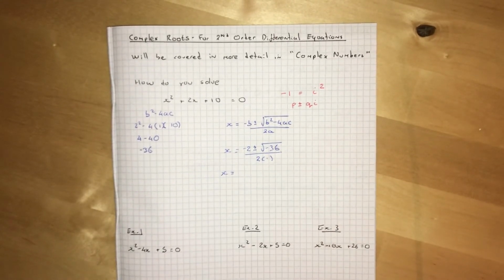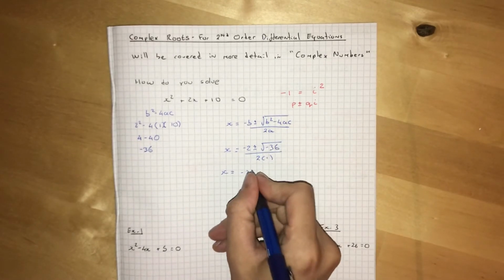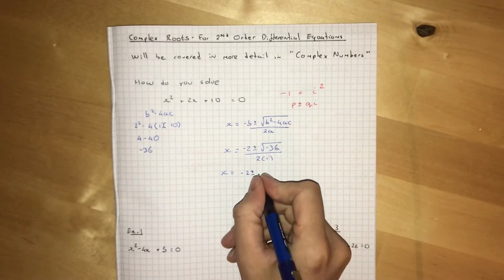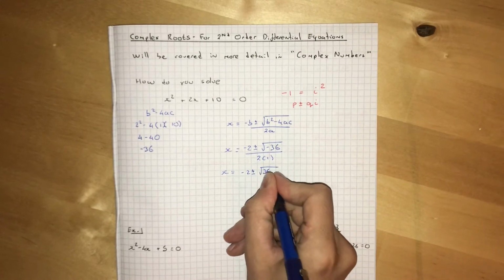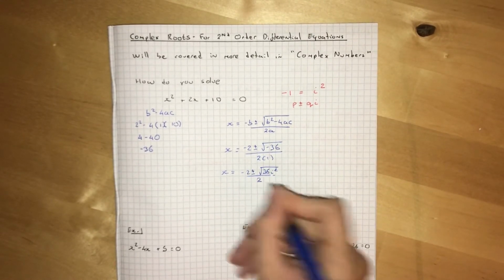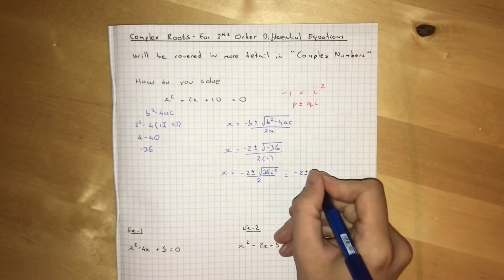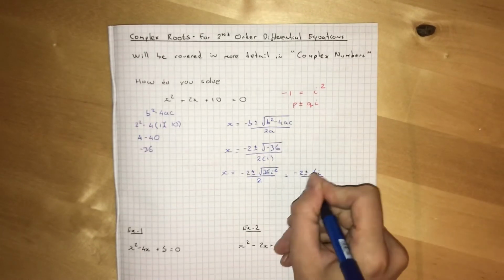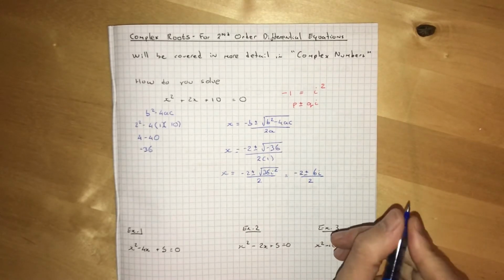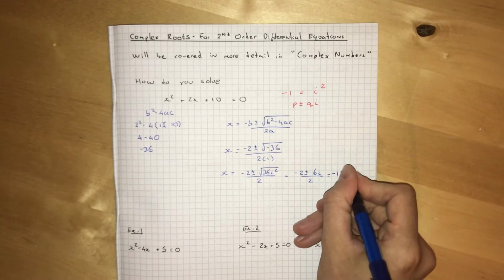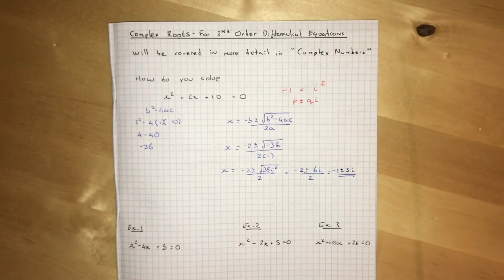So x equals negative 2 plus or minus, with i squared equaling negative 1 now, we can do the square root of 36i squared over 2, which gives us negative 2 plus or minus 6i over 2, which then will give us negative 1 plus or minus 3i.